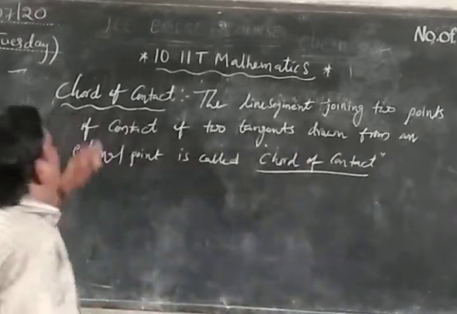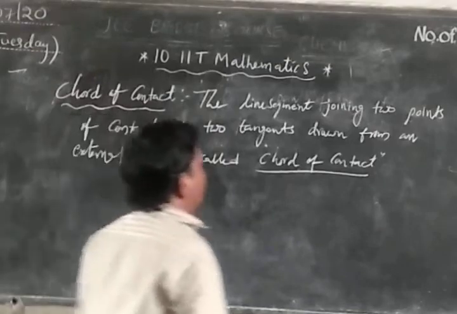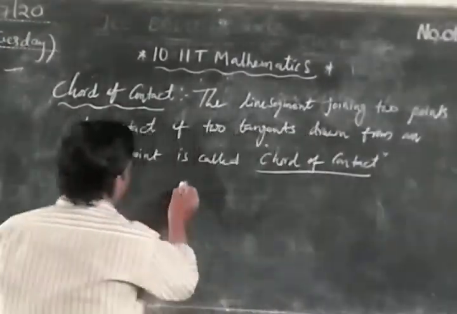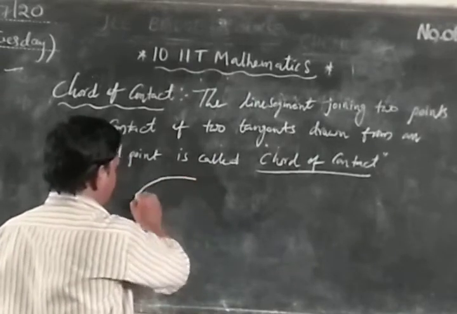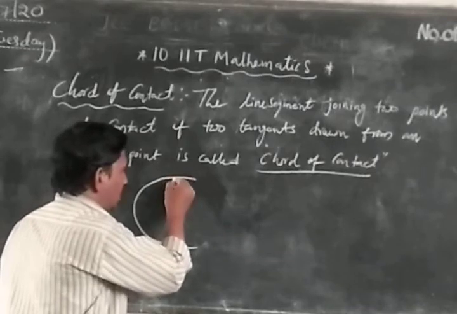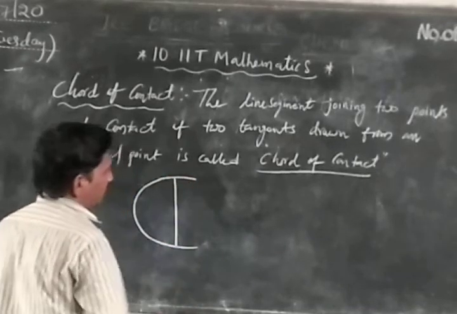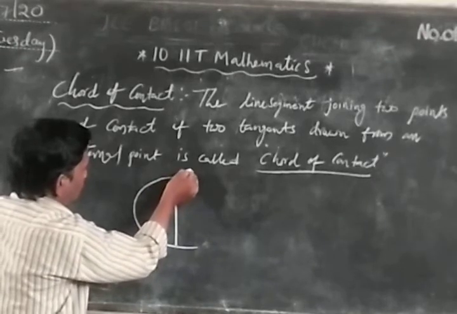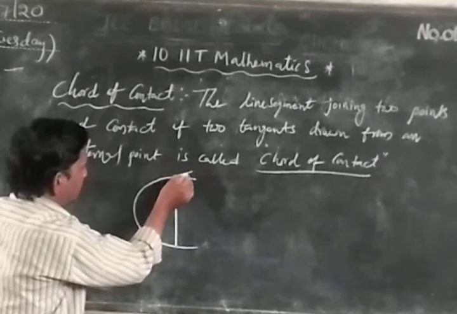Okay, chord of contact means the line segment joining two points. This is chord of contact, joining two points.